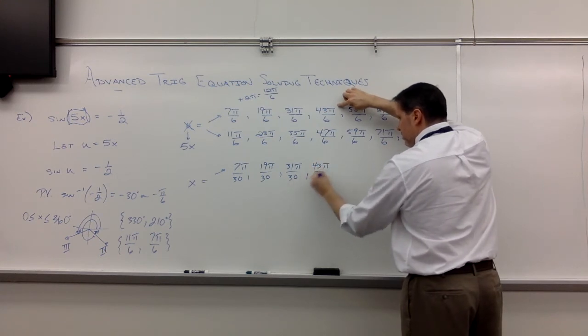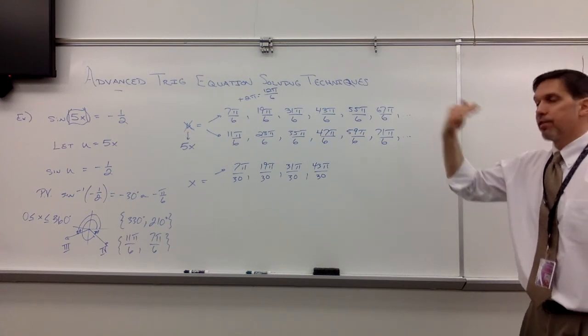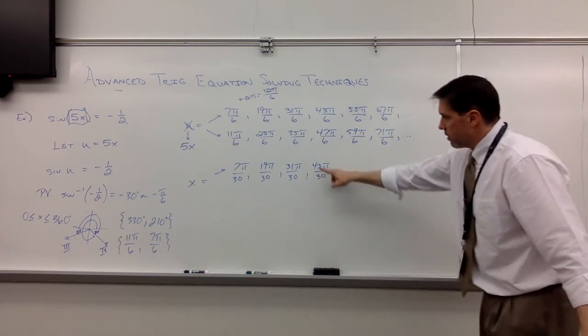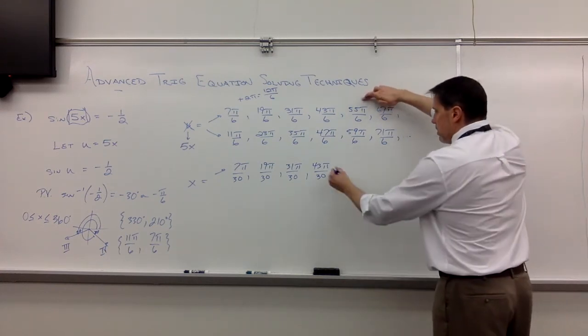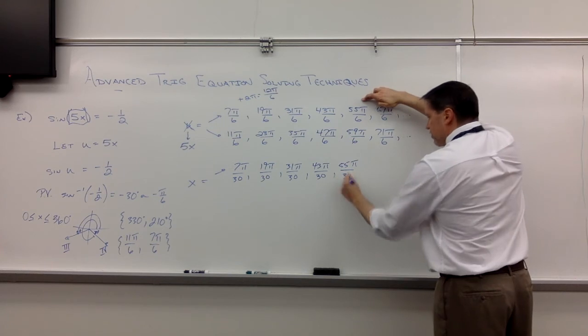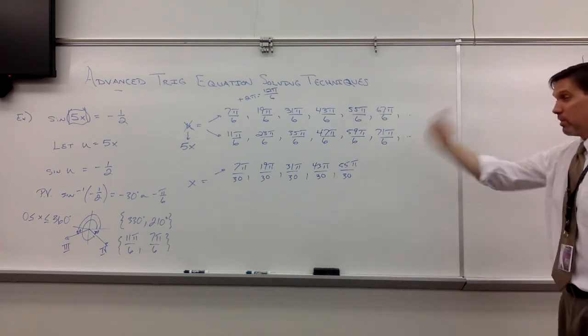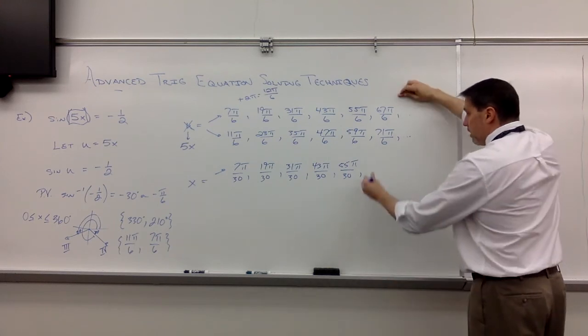The question is, when do you stop? Well, you got to stop once you go over the 2 pi threshold. 43 over 30 is still less than 2, so keep going. That's 55 pi/30. 30 goes into 55, still less than 2. What do we got? 67 pi/30.